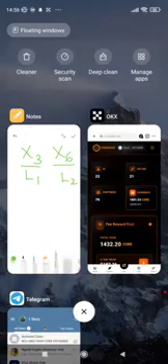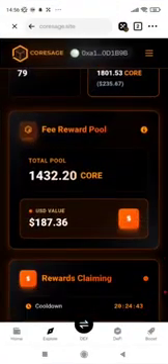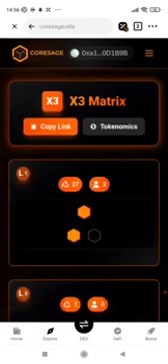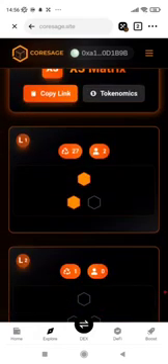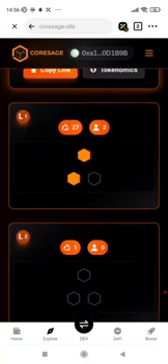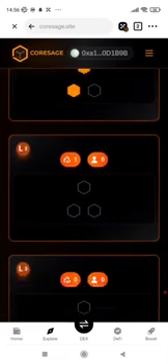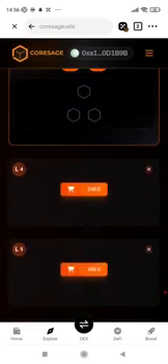How are you able to see that? Because when you join, if you scroll down here and you see X3 matrix, you can see this arrangement of 3 slots. That means your level 1 is open. When the level is closed, you will not see the slots arrangement. You will see something like this.